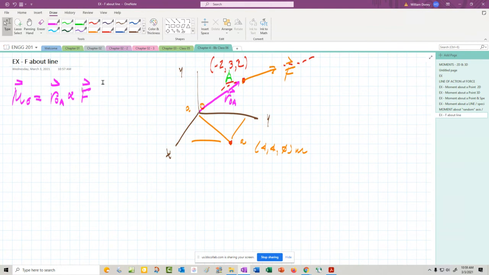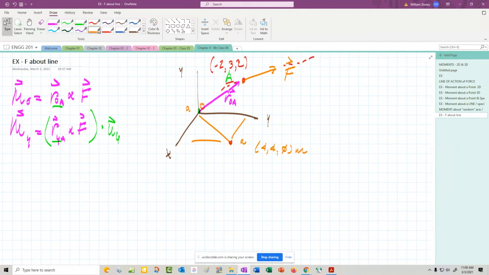If we wanted to do about the y-axis, so the moment about the y, we take from the y to point A, cross it with the F. And we'd have to use one of these points, but we could use the same thing here because that goes from the y and it goes to point A. We would just take this then and dot it with the y-axis, which is 0, 1, 0.